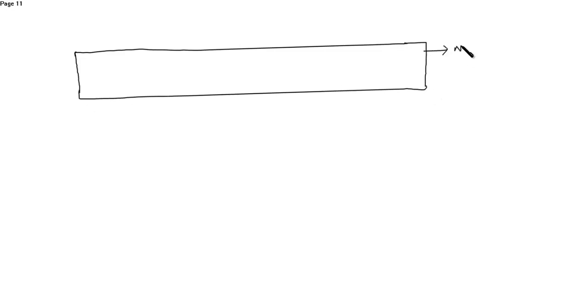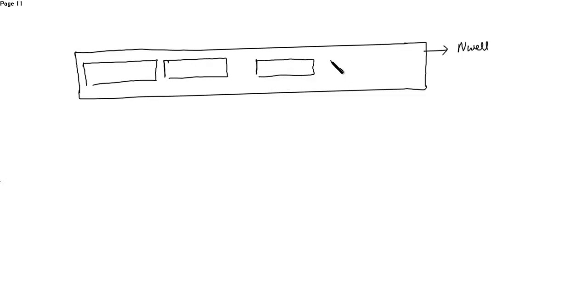So this is the n-well. Then we have the P diffusion. Now to draw the PMOS. This is P diffusion 1. This is the P diffusion 2. This is the P diffusion 3 and the P diffusion 4.